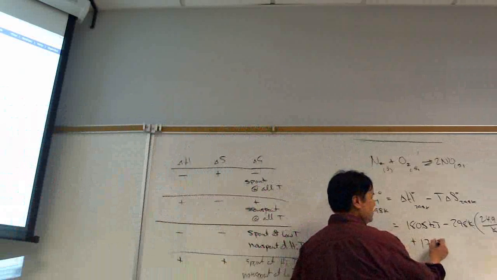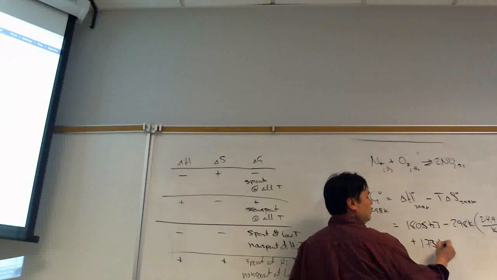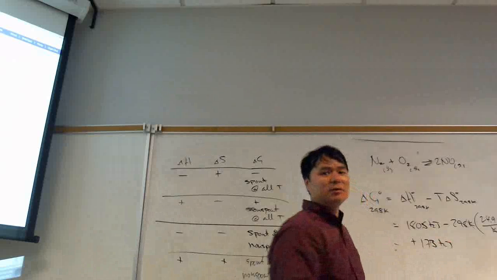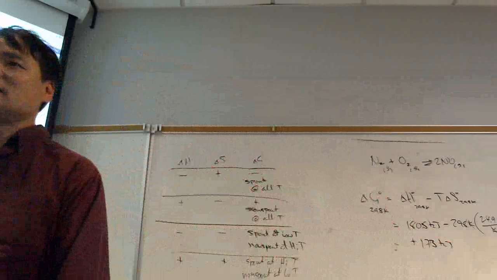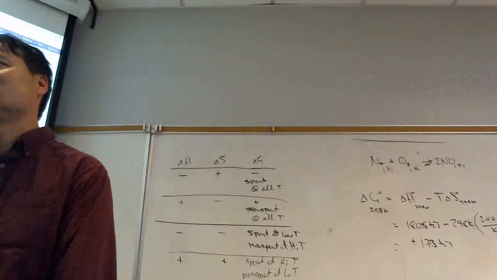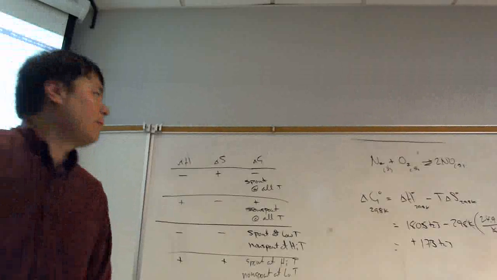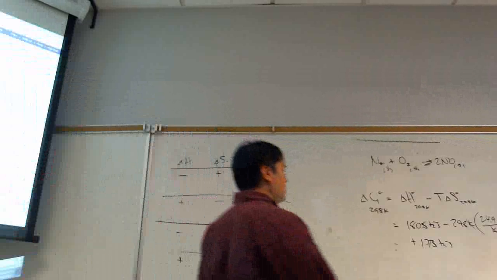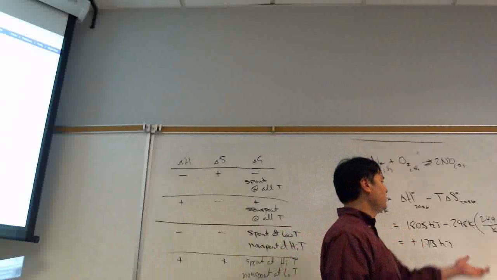Plus 173 kilojoules. When you see a number that big, you're thinking highly non-spontaneous. This reaction just has no driving force. It shouldn't happen. While we do see that the entropy is kind of favorable, what favors higher entropy? Higher temperatures.